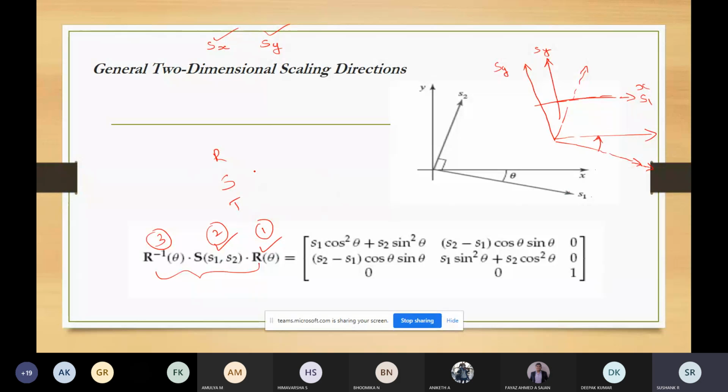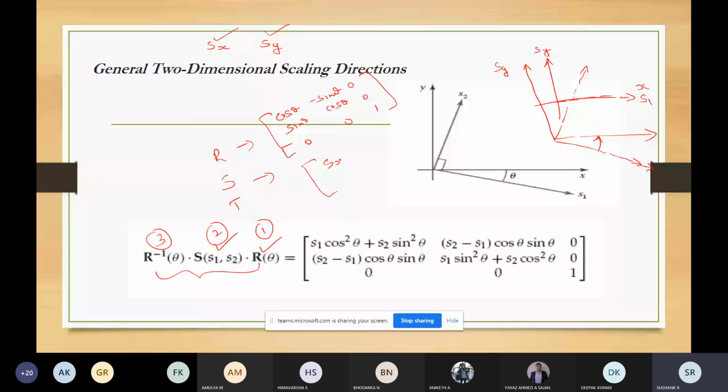For example, we know that R is given by cos theta, minus sin theta, 0; sin theta, cos theta, 0; 0 0 1. It is represented like this. Then scaling will be along the x-axis and y-axis, with 0 0 and 1 at the end.